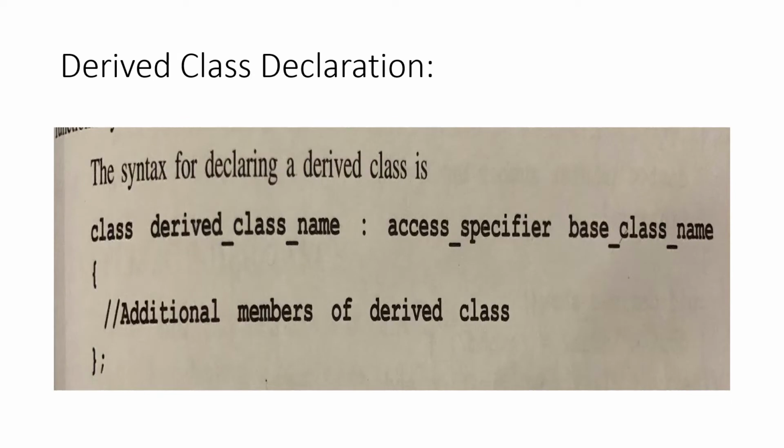Now, if you have gone through the earlier PPT on inheritance, you must know the syntax of deriving a class. I'm just going to explain it here. The syntax for declaring a derived class is: we use the class keyword, then the derived class name, which you can give any name you want.